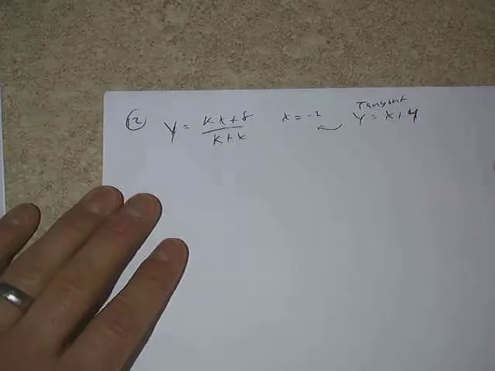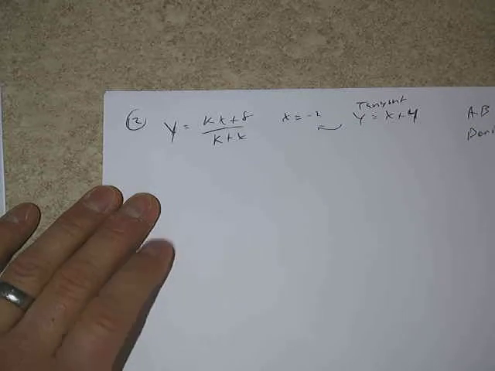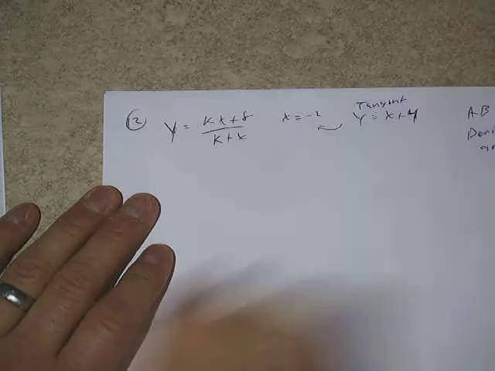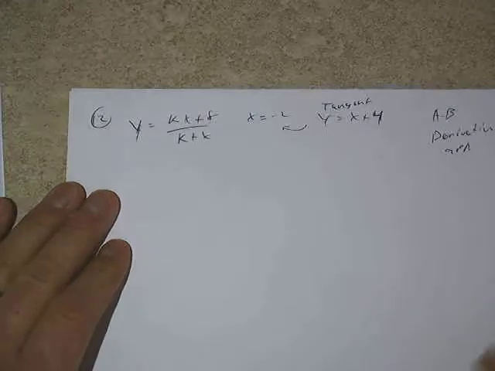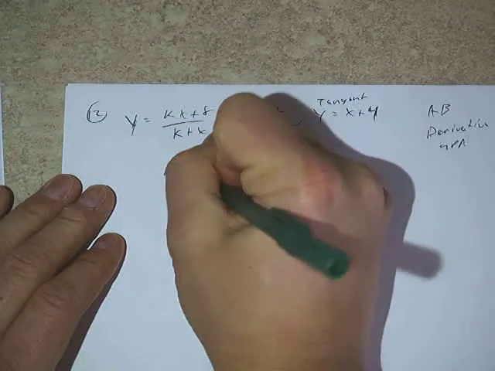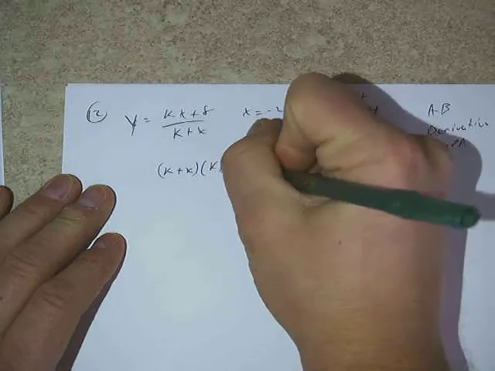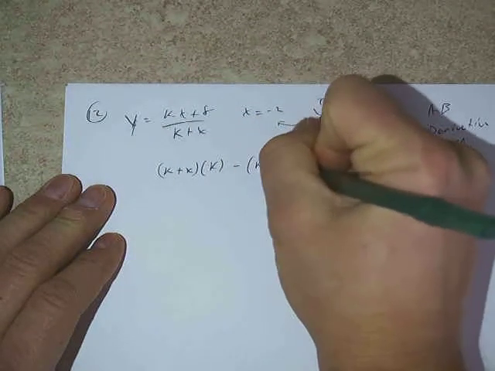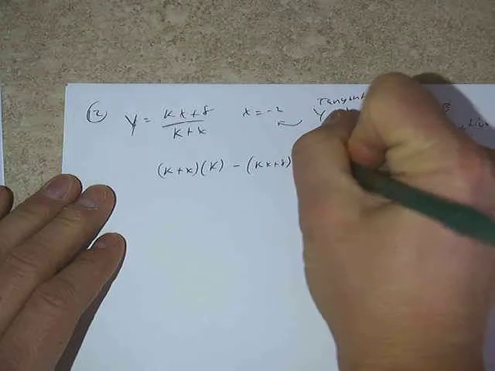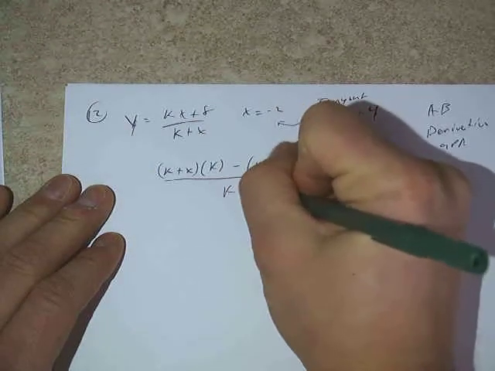Ultimately it's the AB derivative problem, so let's find the derivative. We have to use the quotient rule: k plus x, which is the bottom, times the derivative of the top, minus the top times the derivative of the bottom, all over the bottom squared.